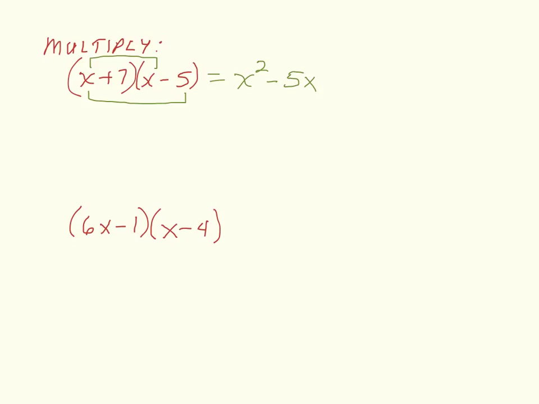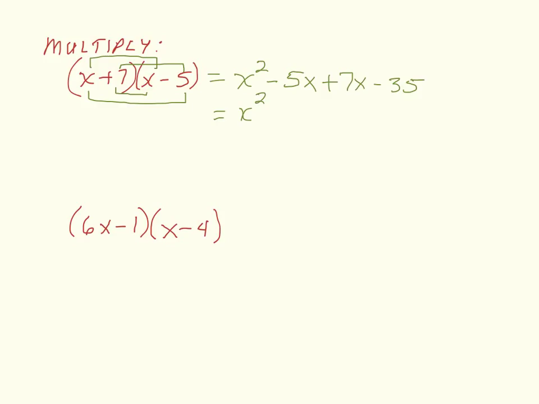Then the inner, 7 times x, so that's positive 7x. And then the last would be 7 times 5. So that's 7 times negative 5, my bad. It's negative 35.